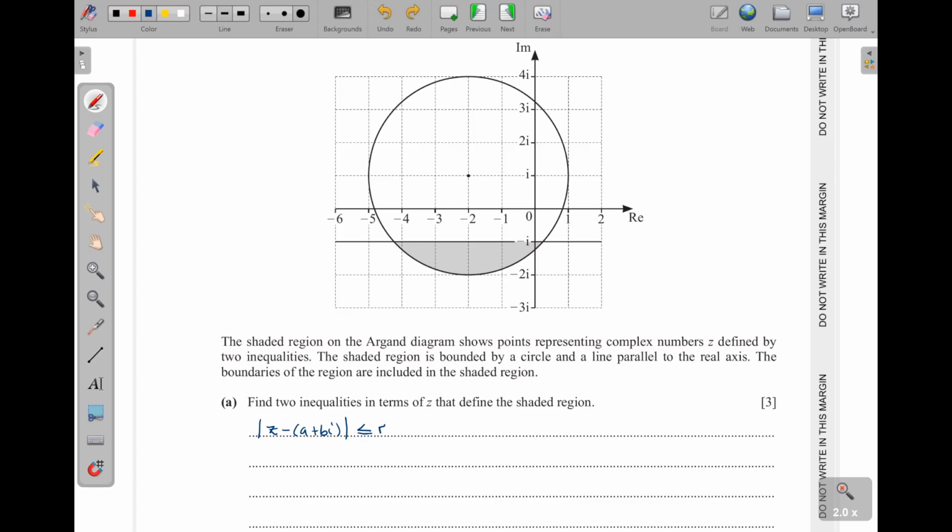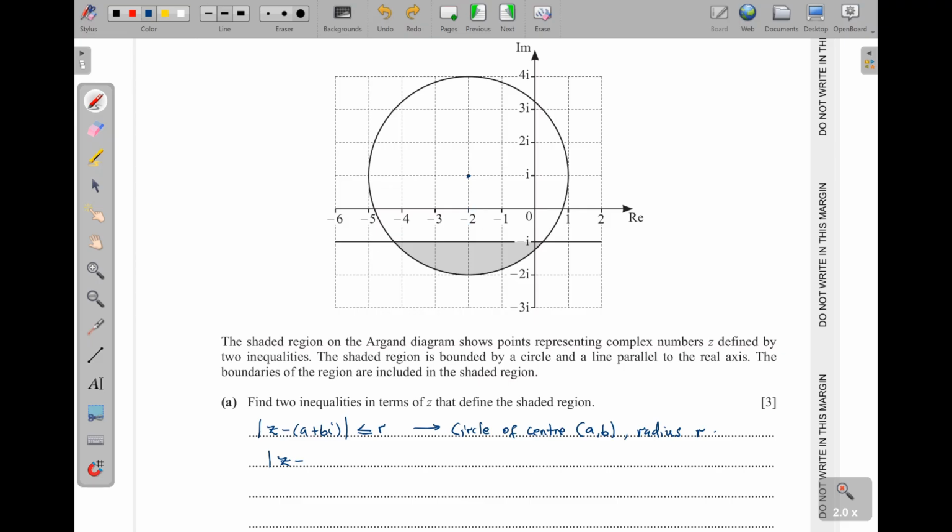Now this one here is a circle of center (a, b) and radius r. So looking at what we are having here, the center is (-2, 1).